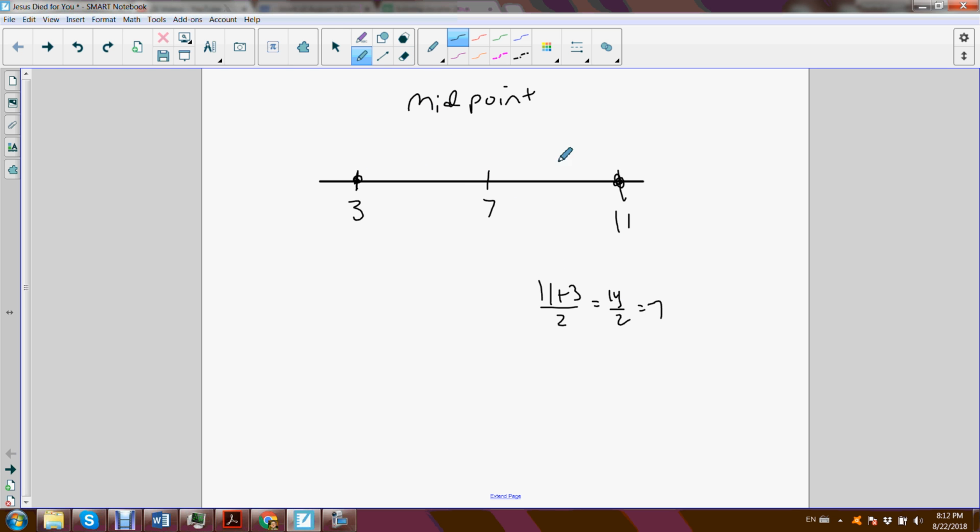Think logically. How far apart are the 2 endpoints? And go halfway. Suppose we change this to -3. Well, how far is it from -3 to 11? From -3, first you have to make it up to 0. That's 3.